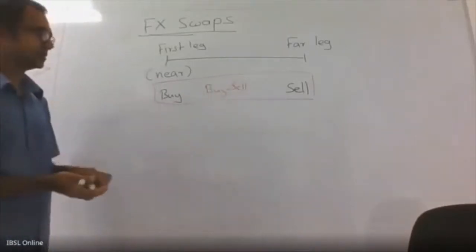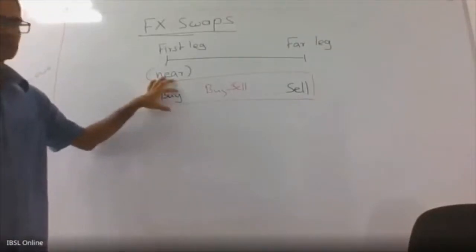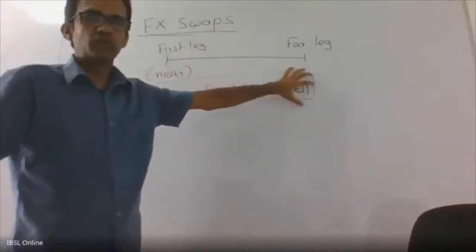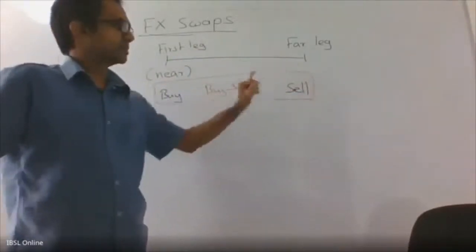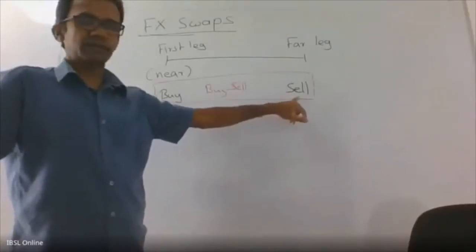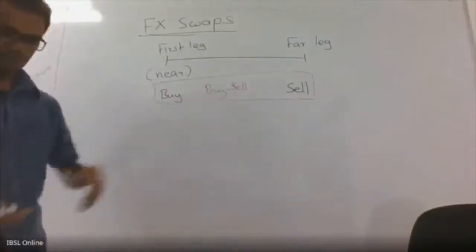You sell one currency against another on a spot basis and reverse it on a future date. Sell the bought currency and buy the sold currency. So it's a buy sell transaction.